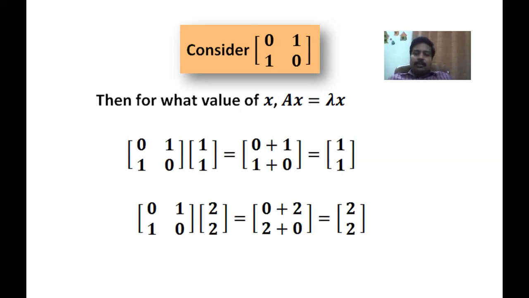In this case also the eigenvalue, the scalar, is 1. Here lambda is 1 in both cases. The eigenvalue is 1, and these are the eigenvectors 1, 1 and 2, 2. Similarly, any c times 1, 1, where c is a scalar, is an eigenvector for this matrix A, that is 0, 1, 1, 0.